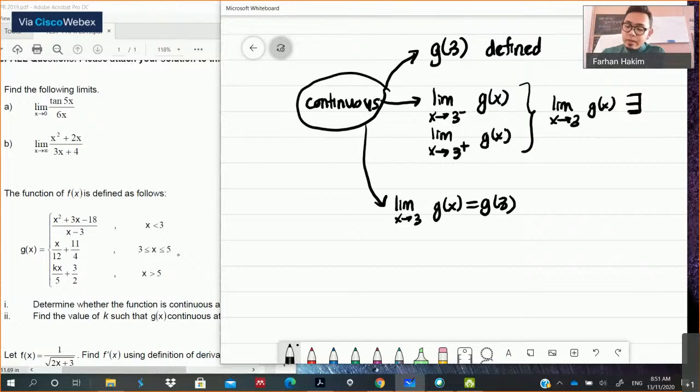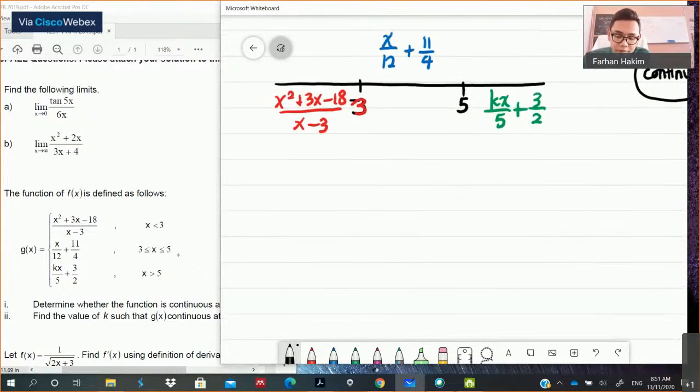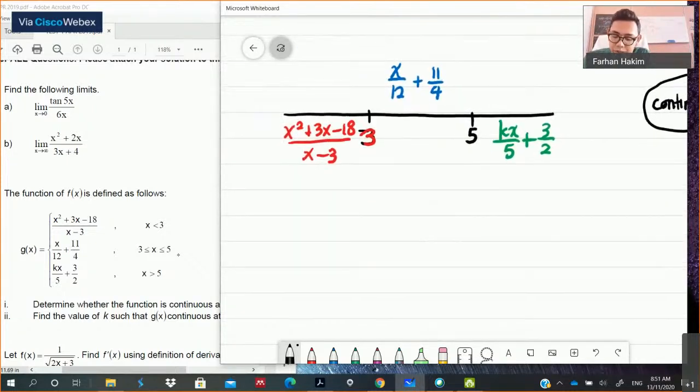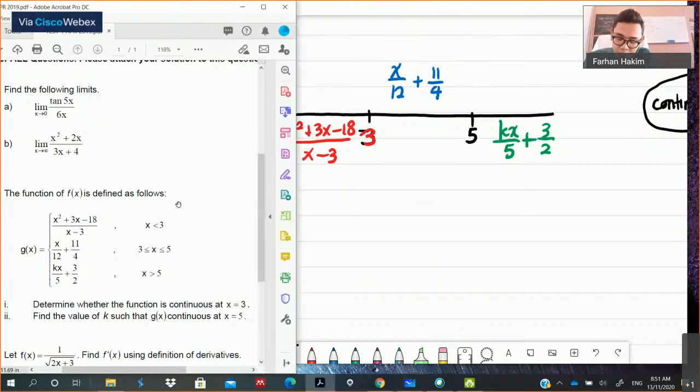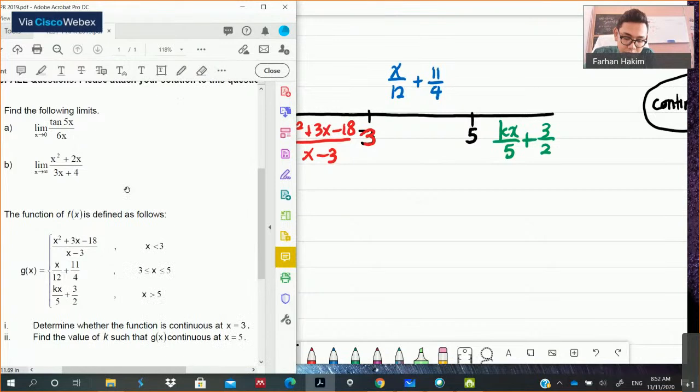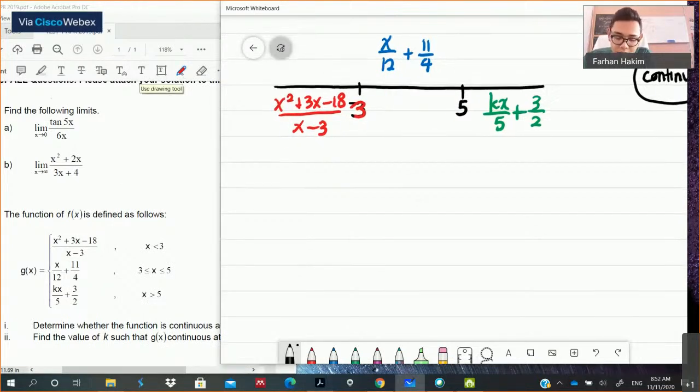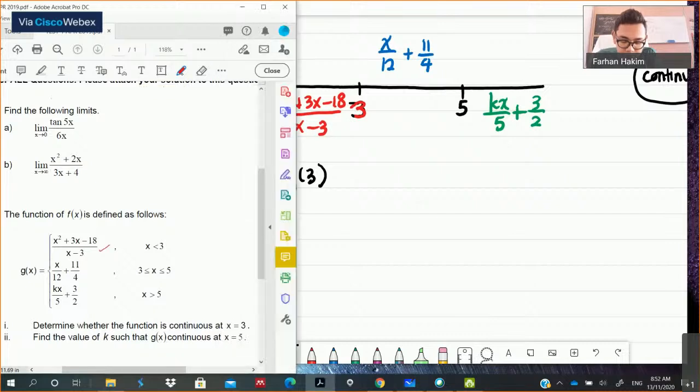Firstly, we note that we need to find g(3). To find g(3), we look at which function defines x equal to 3, whether it's this function or this function.